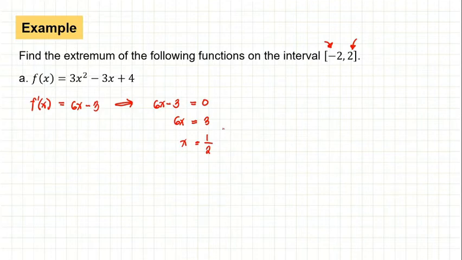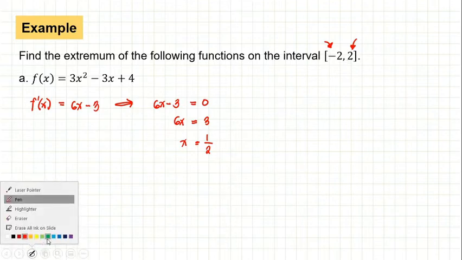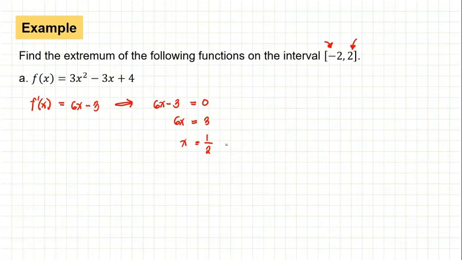Okay? Now, you check if that value of x belongs to the closed interval, or the given interval. In this case, 1 half is actually an element of the closed interval negative 2 and 2. Therefore, x equal to 1 half is a critical point. So we already solved the critical point of the function, which is x equal to 1 half.